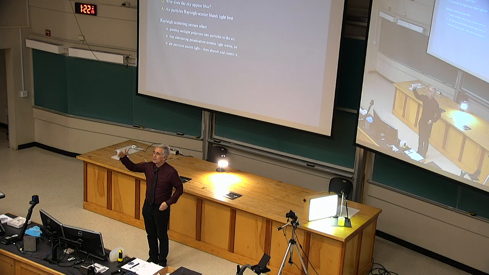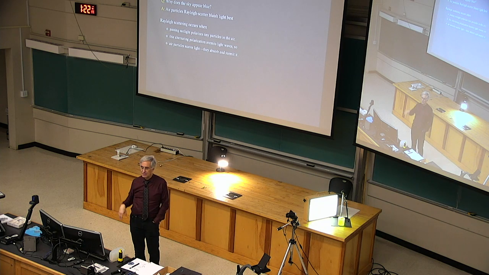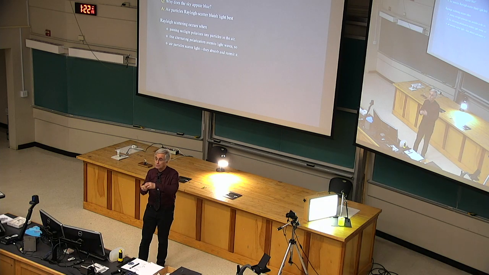When a light wave comes along and encounters some little object, whether it's an atom or a molecule or other things, it causes polarization in that object. And that polarization process takes energy, because pulling positive and negative charge apart consumes some energy.